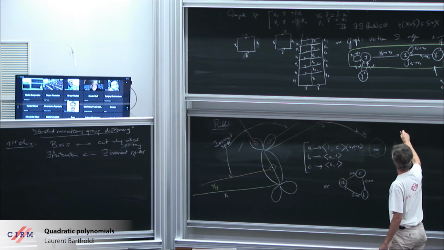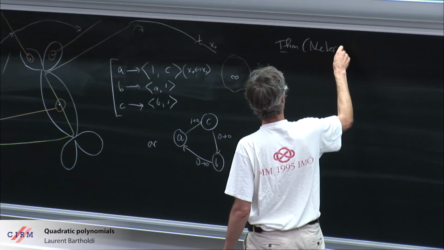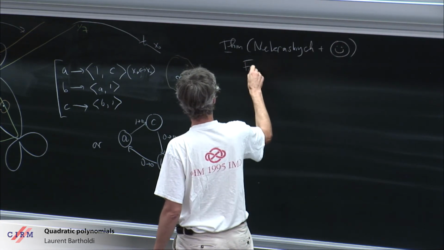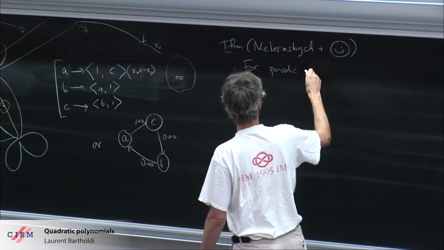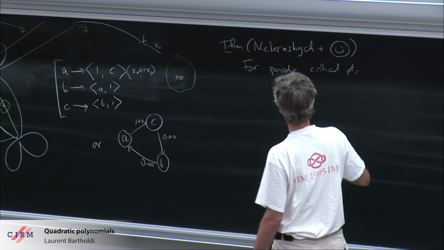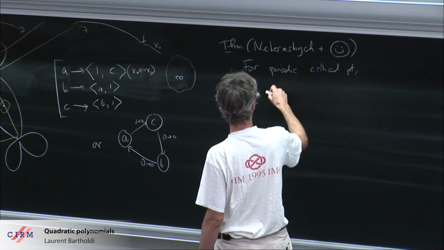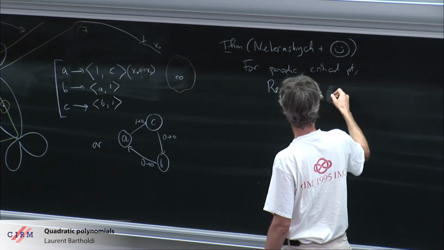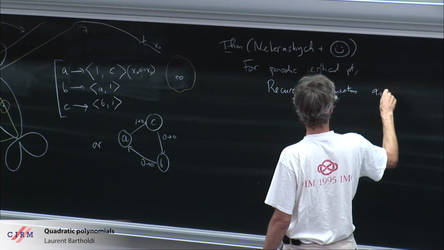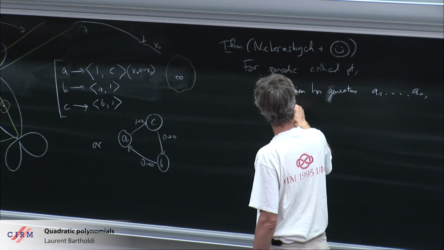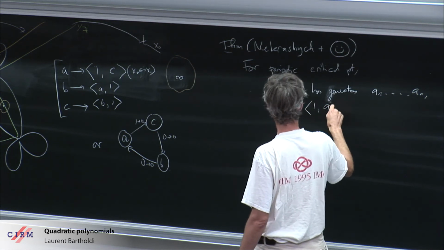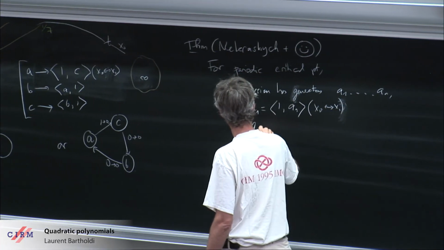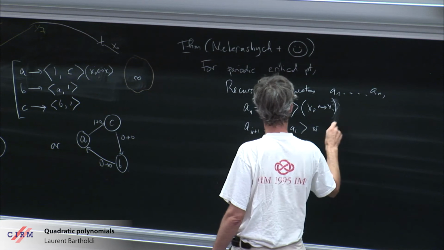So maybe I can call this a theorem, which is that for periodic critical point, the recursion has generators A1 to AN, and the formula is that A1 is 1 AN, and then this exchange, 0, 1, and AI plus 1 is 1 AI or AI 1.